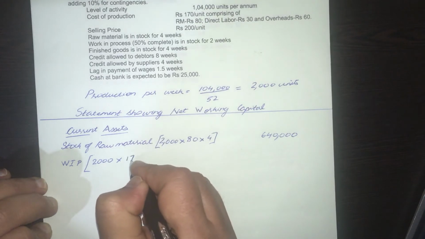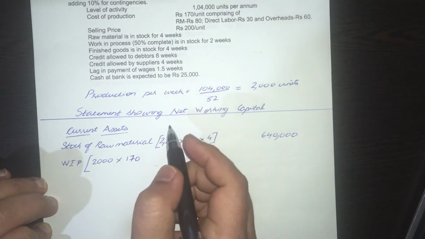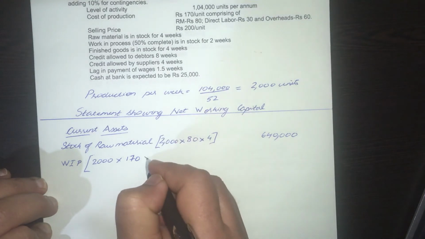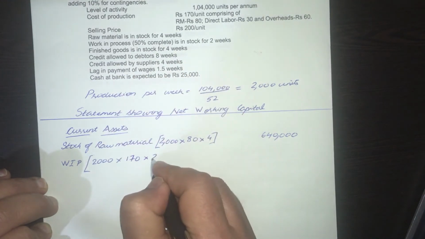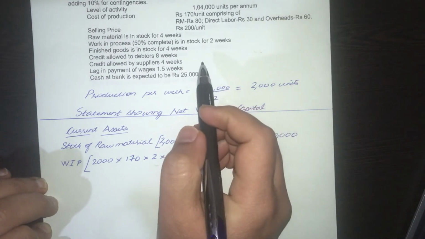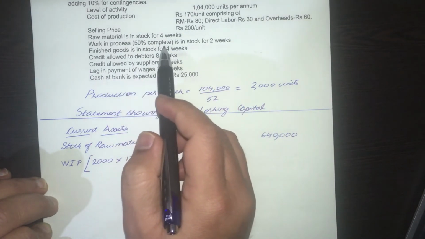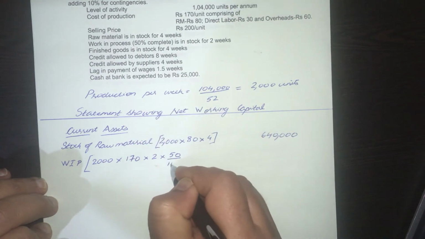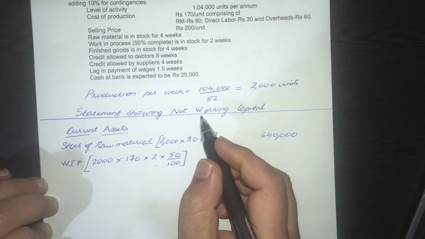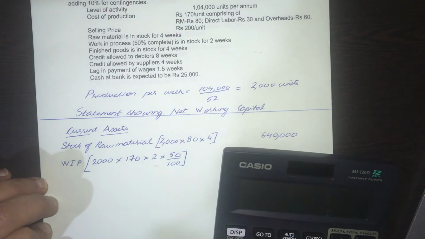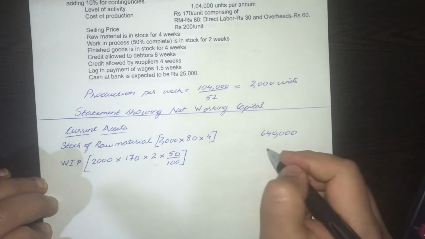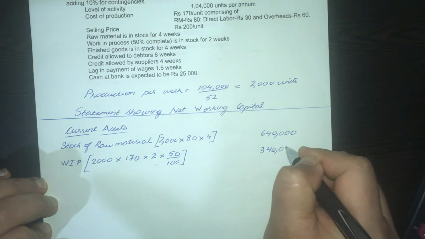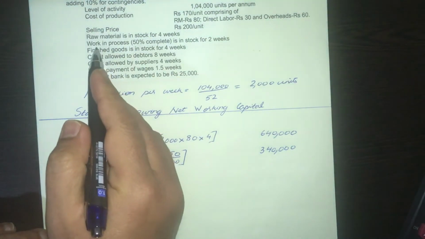So 2000 into 170. All right. It was into how many weeks? 2 weeks. Into, now it says here, listen, work in process 50% complete. So 50 by 100. All right. So when you calculate that, 2000 into 170 into 2 divided by 2 is 3,40,000. So 3,40,000.